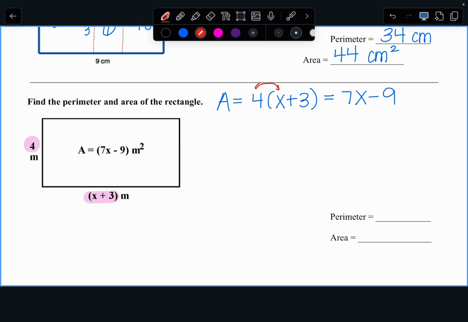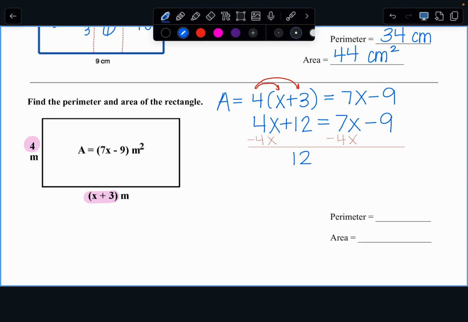We have to distribute the 4 to both pieces. So this is 4x plus 12 equals 7x minus 9. When we solve something like this, our goal is to get x's on the same side. Let's subtract the 4x from both sides.